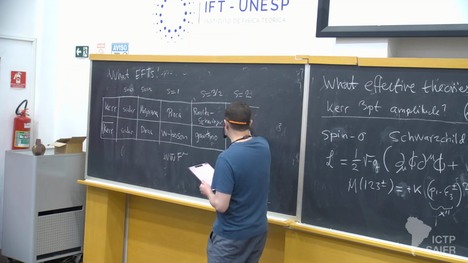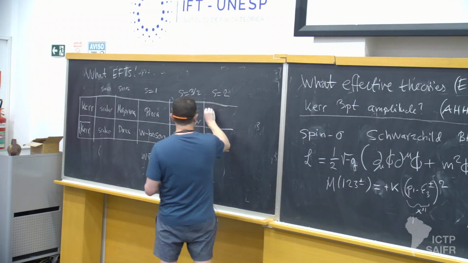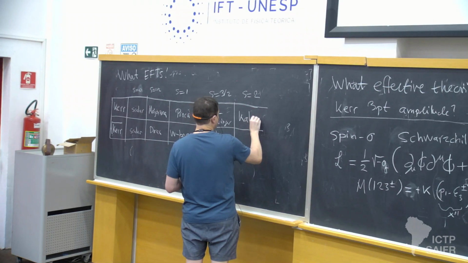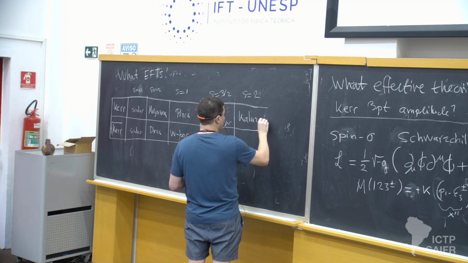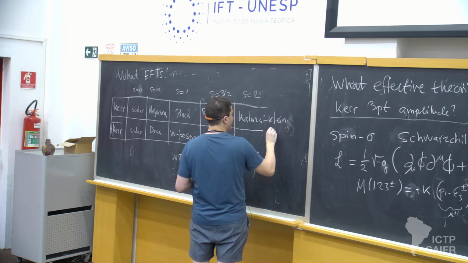I guess I already mentioned Fierz-Pauli, but I actually want to call it Kaluza-Klein graviton.